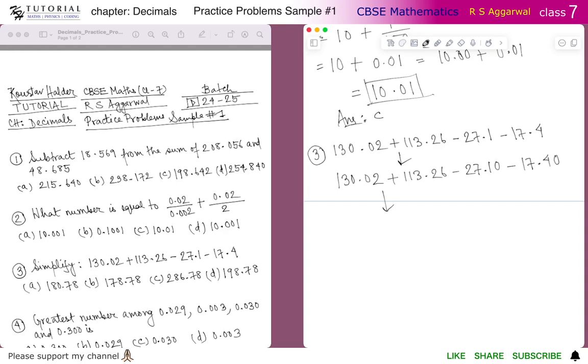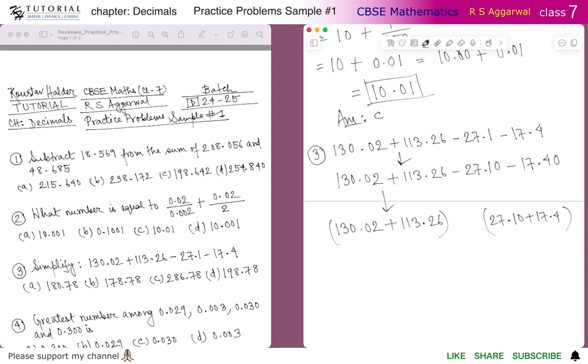So let's collect all the positive decimals at one place: 130.02 plus 113.26, and let's collect all the negative decimals at another place, and this will be 27.10 plus.